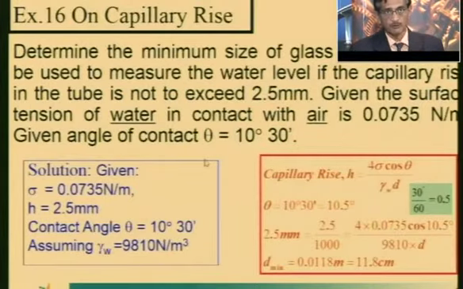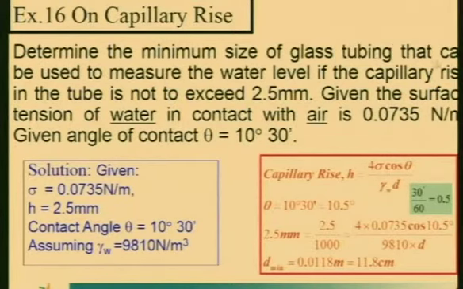Let us take the first problem. Let us read the statement. Determine the minimum size of glass tubing that can be used to measure the water level if the capillary rise in the tube is not to exceed 2.5 mm. Given the surface tension of water in contact with air is 0.0735 Newton per meter.